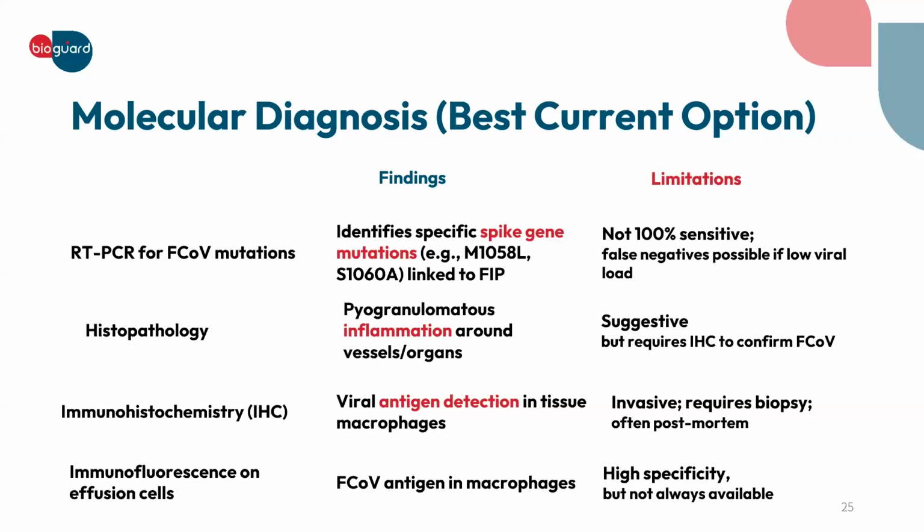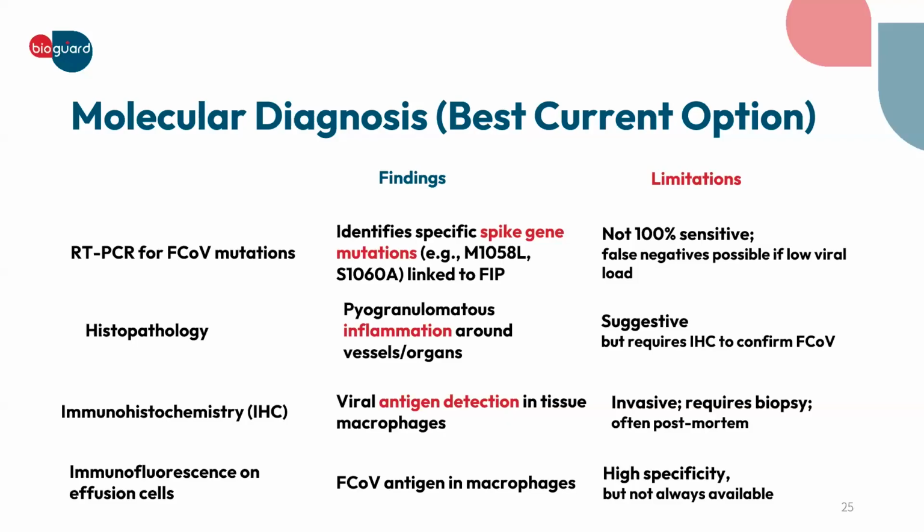Okay, because in the dry form of FIP, of course, a proper infected organ has to be selected first, where the biopsy has to be done, which is also a very intensive process. And lastly is immunofluorescence on the effusion cells, where again the virus in the form of FCoV antigen can be detected in macrophages.